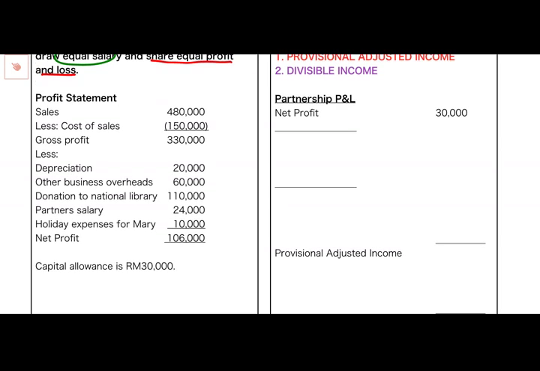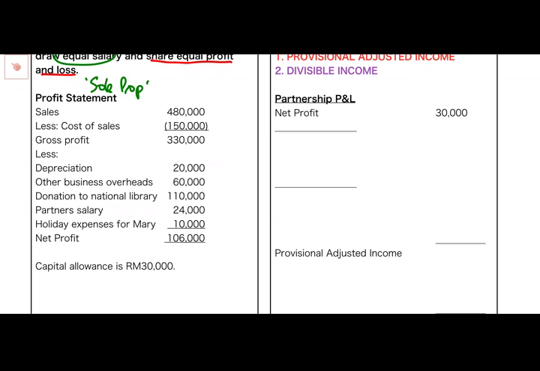Now, in the profit statement, can we just run through the items inside? There's depreciation. There's other business overhead. There's donation to the library. There's partner salary. There's holiday expenses for Mary. And then there's net profit. Now, if this is not a partnership, if this is just a sole prop, what would you do in a tax computation?